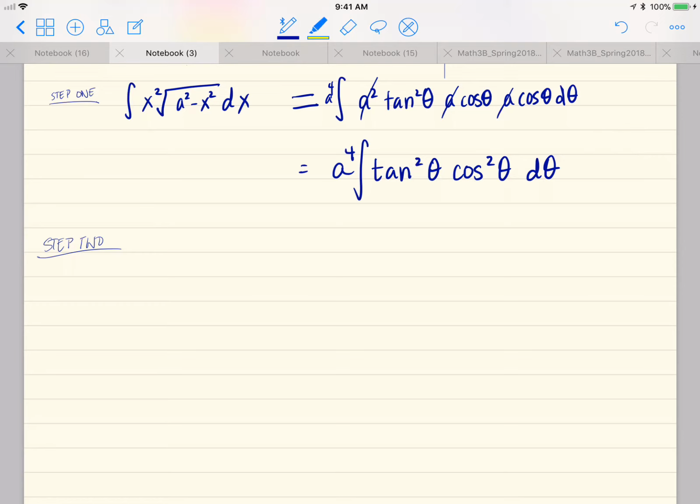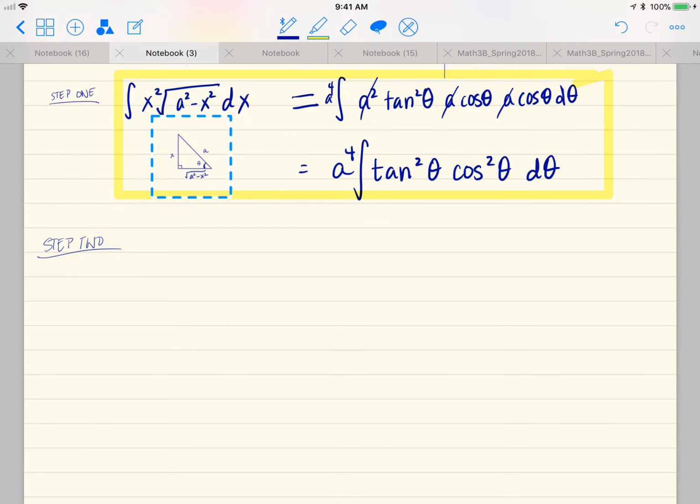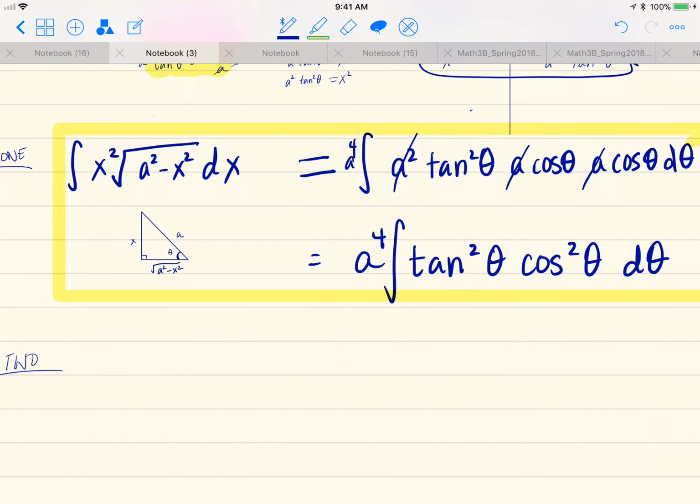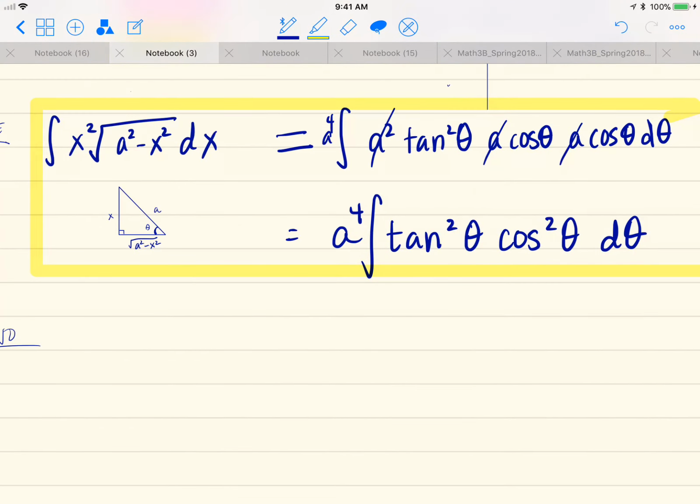If all you write down is this little relationship right here, no one knows what you're talking about, because I don't know what theta is. Once you include this little triangle, oh, now I know what theta is, because you tell me what theta is by giving me this little triangle. And this now is a complete step one.